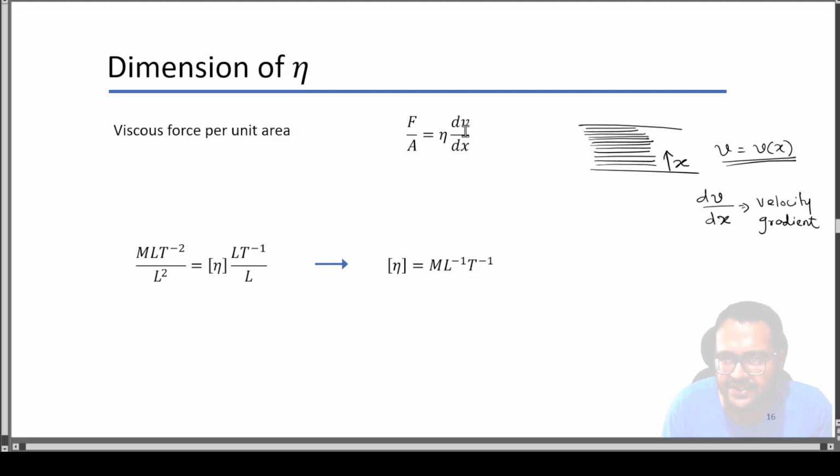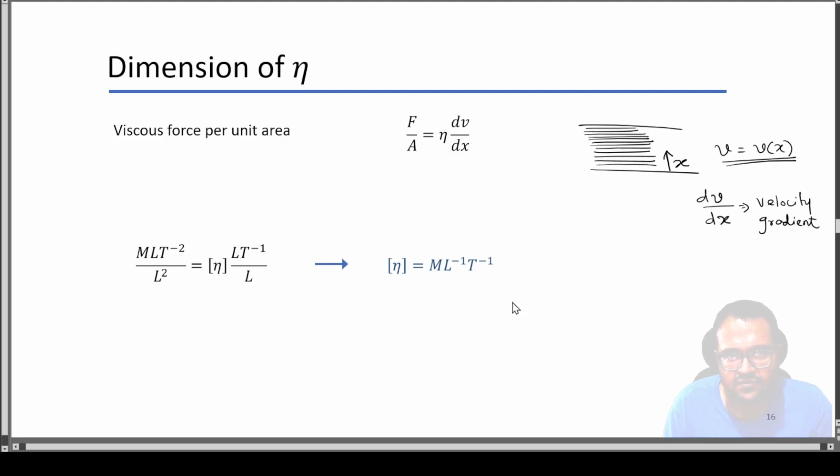Whenever we have a derivative, we just write the dimension of the quantities being differentiated. So this is L T to the power minus 1, this is L. We equate these and we get the dimension of eta as M L to the power minus 1 T to the power minus 1. This will be important in our future problems.